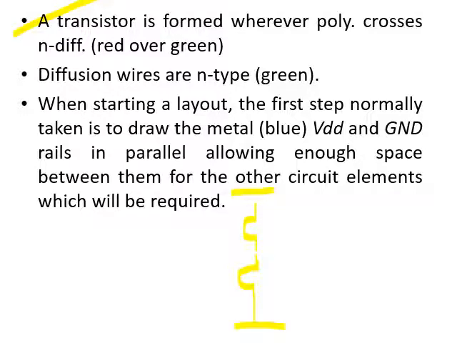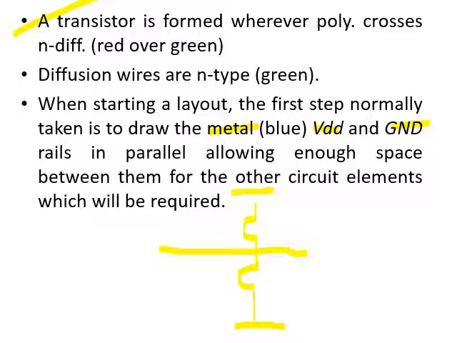Then we have something called ground, and at the center we have a demarcation line which separates P MOSFETs from the N MOSFETs. That is, above the demarcation line usually we have all the P type MOSFETs, and below the demarcation line we have N type MOSFETs. So before starting a layout, the first step is to draw the VDD and ground, which will be nothing but metal 1, and it will be blue in color as we have seen in the previous slides, according to color conventions.